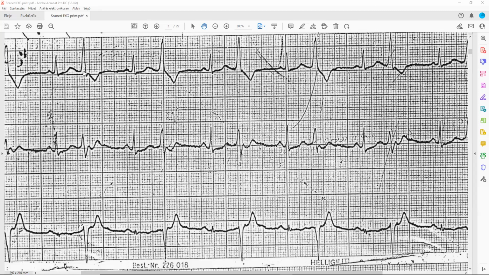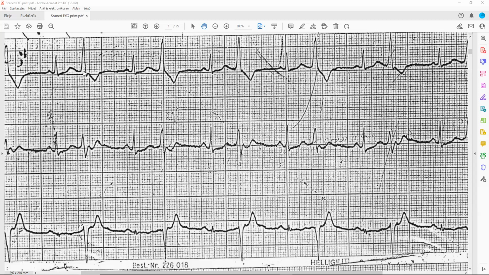Every second beat comes earlier. How do you call it when a beat comes earlier? That's a kind of arrhythmia, and because there's no P wave in front of that, it means that we do not have a normal impulse formation. So it has to be an impulse formation abnormality.